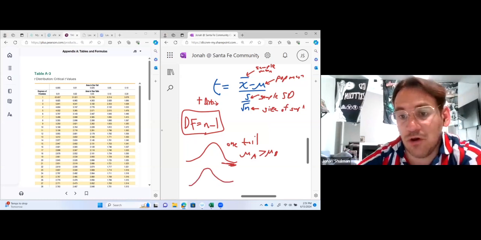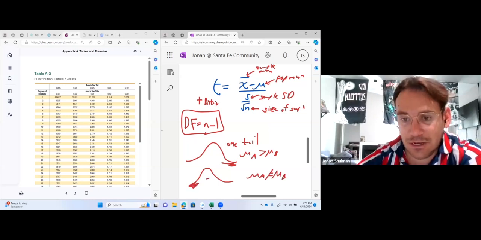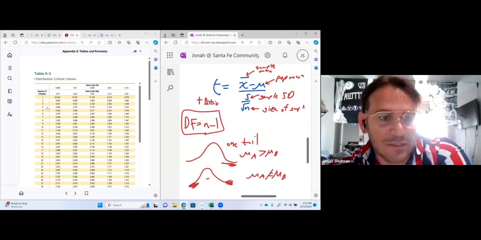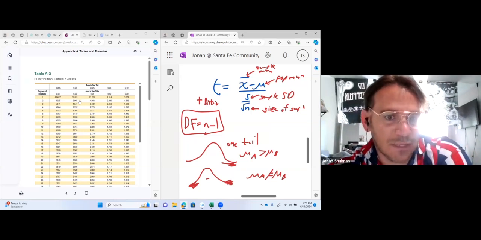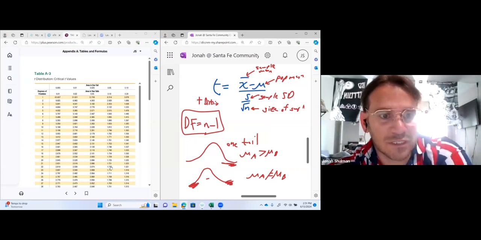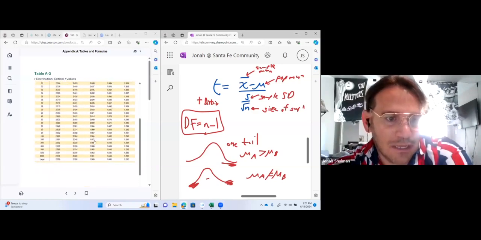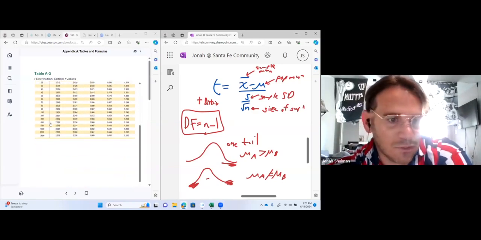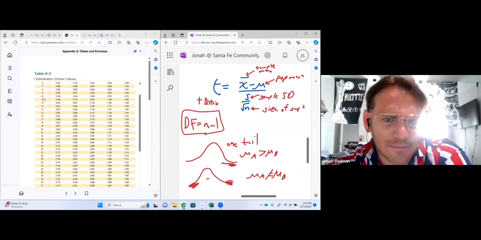Now, if we don't know and we just say the mean of A is not equal to the mean of B, then we're like, I don't really know, so I use two sides. Notice that it's different based on this. We've got our degrees of freedom, one side, and then all of our values here, which is really nice. If you don't have a specific one, you can just get close to it. This goes all the way up to 150, but these are pretty good.